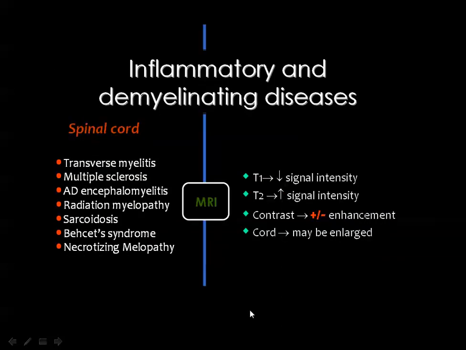The spinal cord inflammatory lesions will all present by almost similar MRI findings, and these include decreased signal in the T1 and increased signal in the T2. And if you inject a contrast medium, there may be enhancement or may not be.